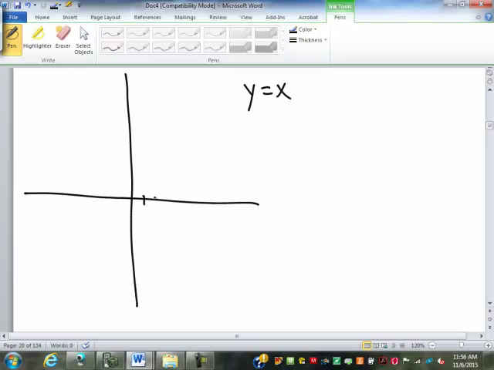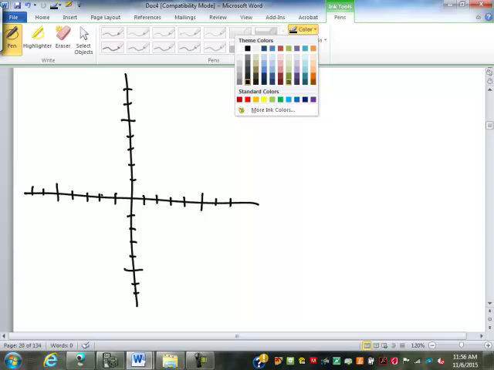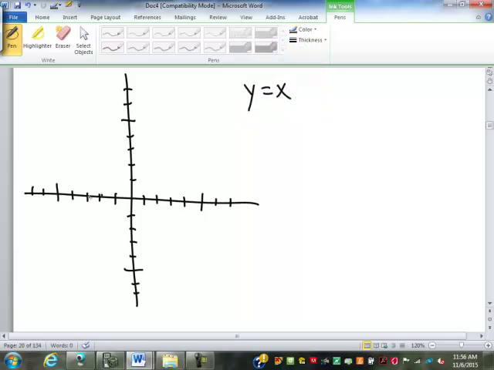So if I'm graphing y equals x, relatively simple.